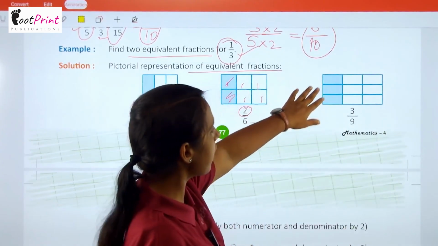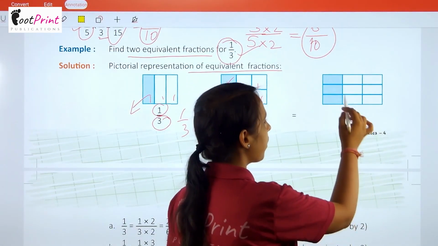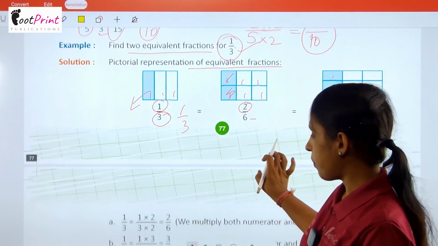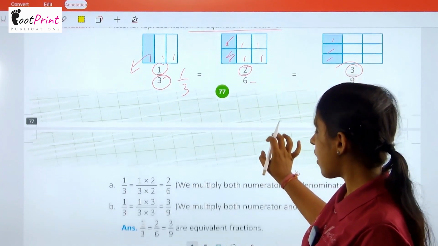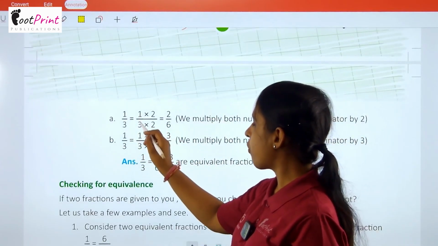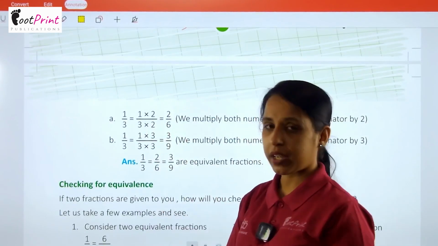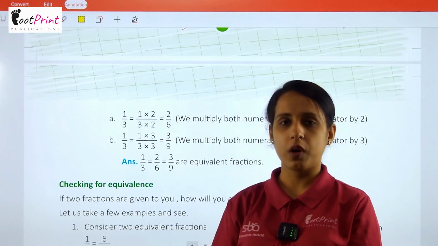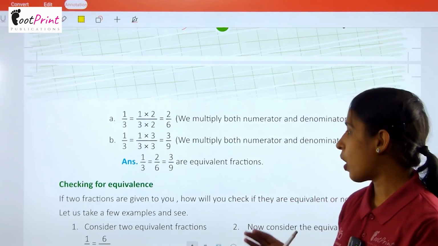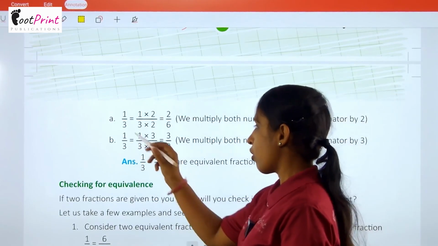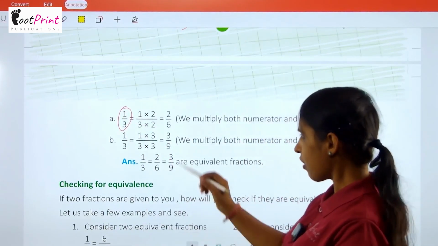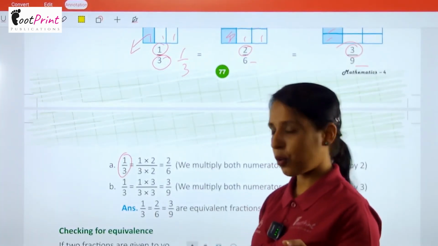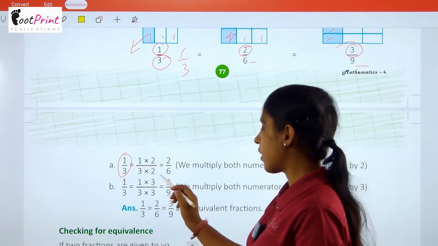Just like that, here 9 parts are given, that is the denominator, and 3 parts are shaded, that is our numerator. So from that we can learn 1 by 3 equals 1 by 3 into 2 into 2. Now what did we do? What we just studied is that if we multiply the numerator and denominator of any given fraction by the same number, we get its equivalent fraction. So 1 by 3 was given, and we multiplied both numerator and denominator by 2: 1 into 2 and 3 into 2 is 6.